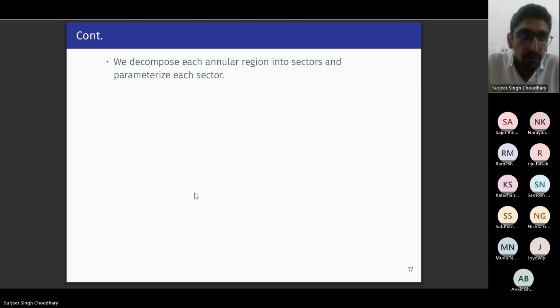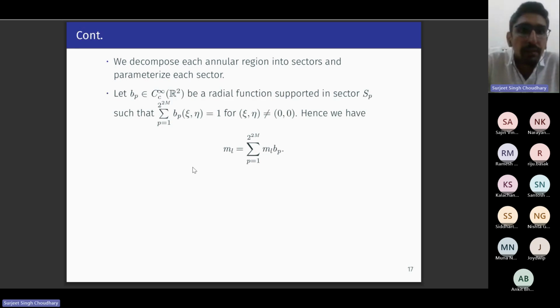Let b_p be a compactly supported smooth radial function supported in the sector S_p, such that the sum over all these functions b_p, with p varying from 1 to 2 to the power 2n, is 1 for xi comma eta non-zero. And then using this partition of unity, we rewrite our multiplier m_l as a sum over all m_l times b_p.